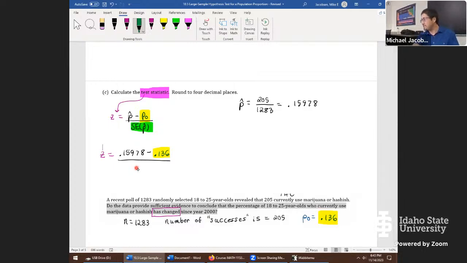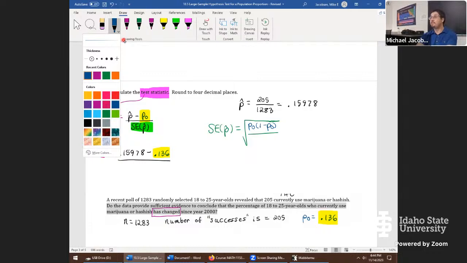Okay, well, now grabbing the standard error by formula, we're doing standard error of P hat. It's going to be square root of first P naught times 1 minus P naught. Never seem to make those big enough. Let me extend that out. Then divide by your sample size n. Yeah, go ahead.